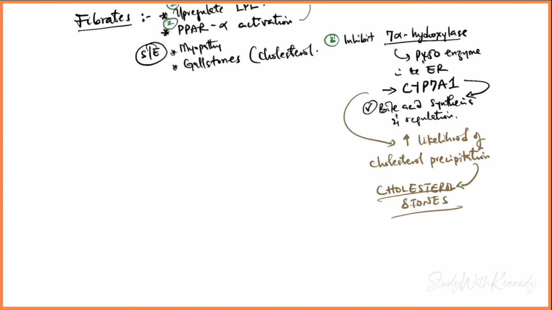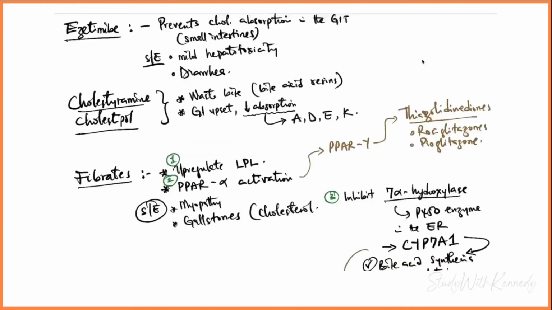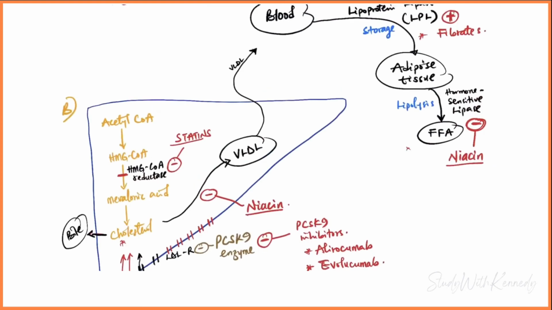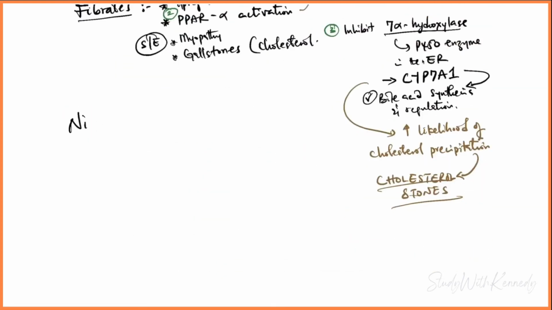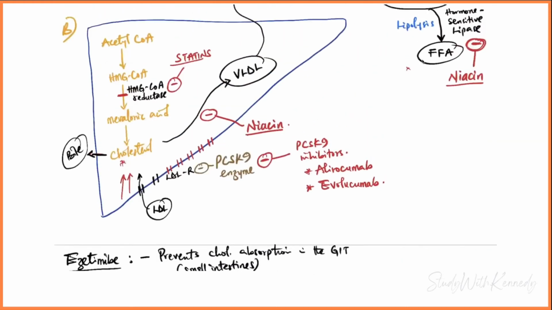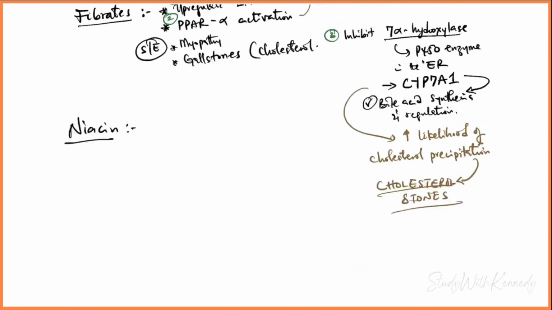The third set of medication we mentioned was what? Who was number 3? Niacin. And we saw one mechanism of action of niacin: inhibition of hormone-sensitive lipase.